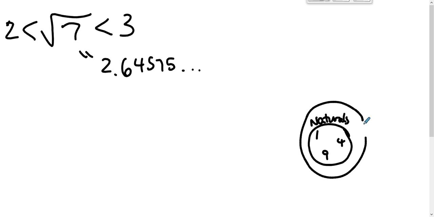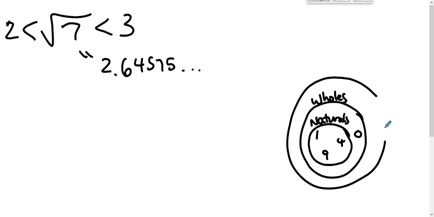And then we made the whole numbers, and we made them by throwing 0 into the mix. And then we made the integers, and we made the integers by throwing in -1 and -4 and -27 and like that.